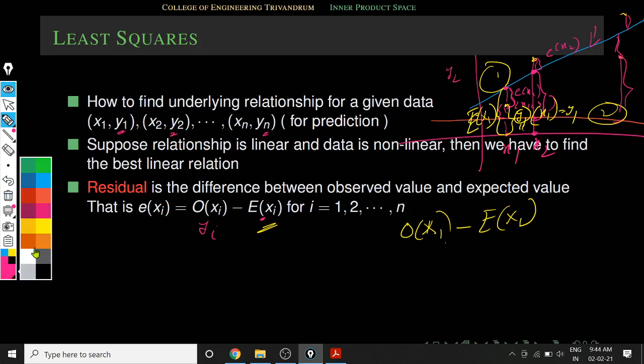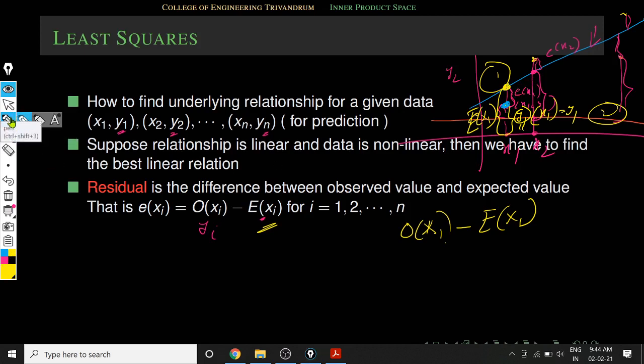This is our observed data. This is our prediction. So my question, what about this? This length is the observed value.